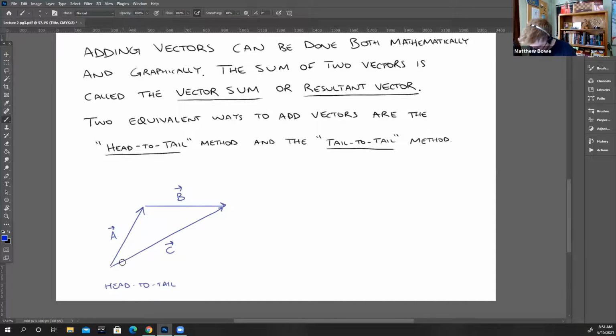I believe in some examples I might make this a dotted line. But this is the result of adding vector A and vector B. So I could put down vector C equals vector A plus vector B. All right.